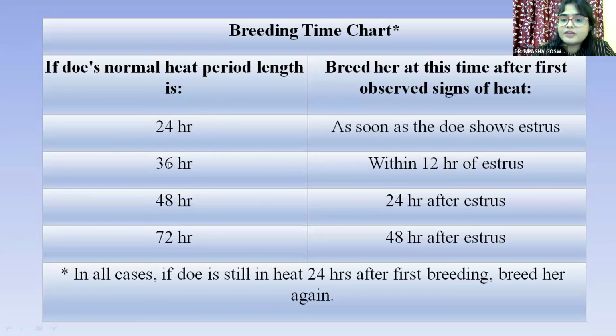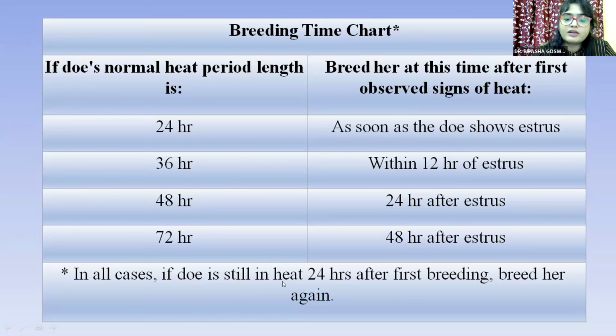When it is 36 hours, we can perform the artificial insemination within 12 hours of estrus. If it is 48 hours, then we can do the artificial insemination 24 hours after estrus. And if it is 72 hours, that is 3 days, then we can perform the artificial insemination 48 hours after estrus. In all the cases, if the doe is still in heat 24 hours after first breeding, breed her again.